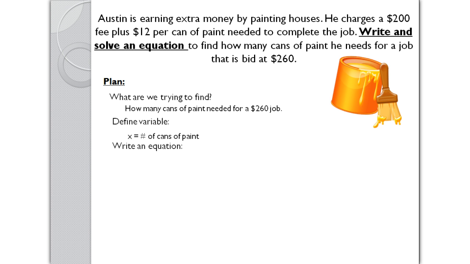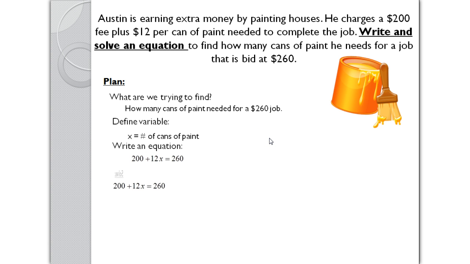For him to show up at your house is $200. Plus $12 per paint can. Write and solve an equation to find how many cans needed for a $260 job. So this bid is equal to 260. We need to figure out what value for x would make this job $260.